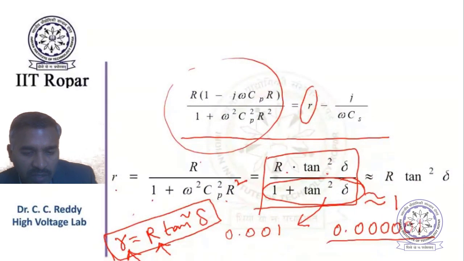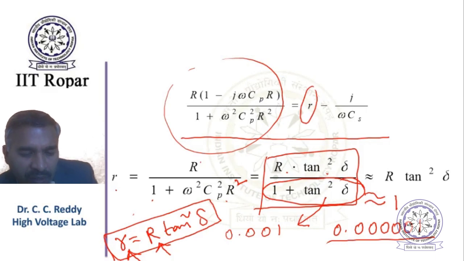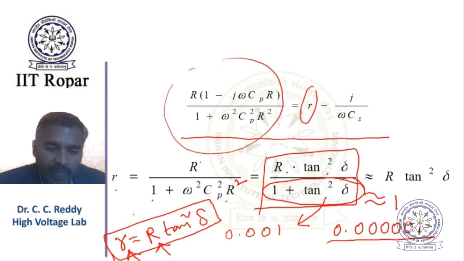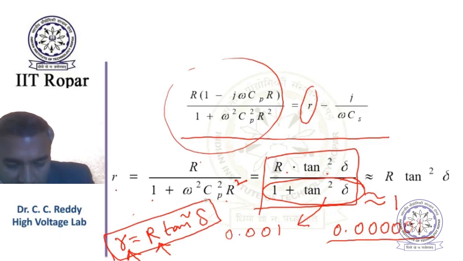Just wait. It is actually 1 by omega square Cp square R square, right? Yes, sir. You take omega square Cp square R square out common. So it will be R by omega square Cp square R square divided by 1 plus 1 by omega square Cp square R square. Yes, sir. Thank you.